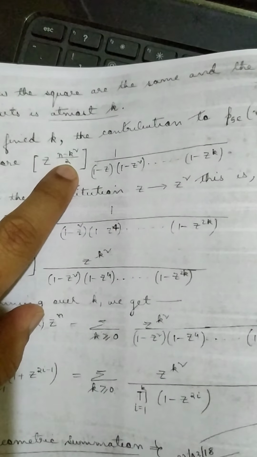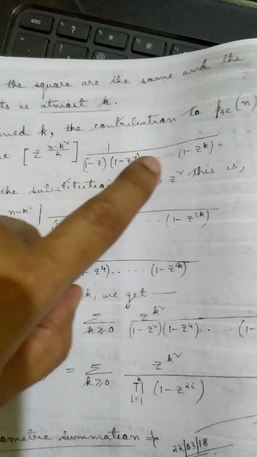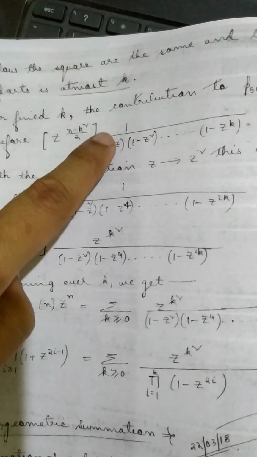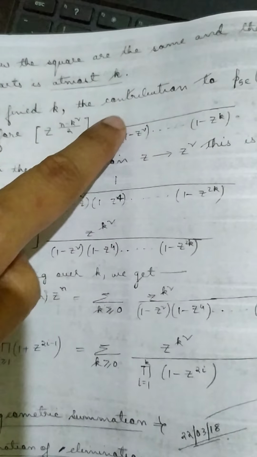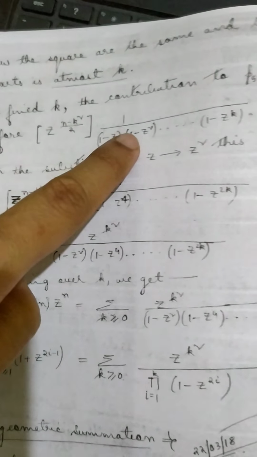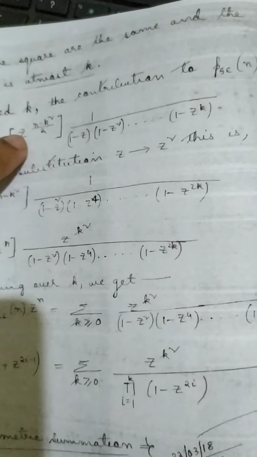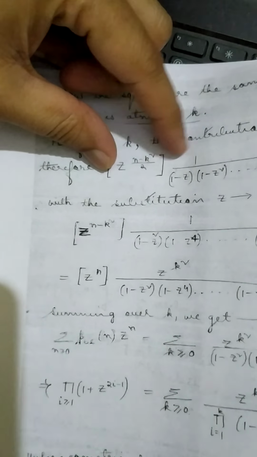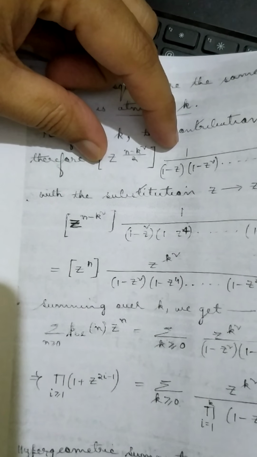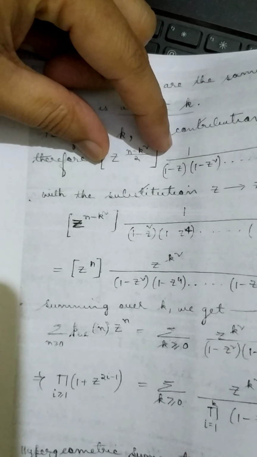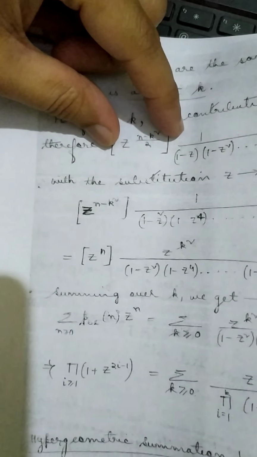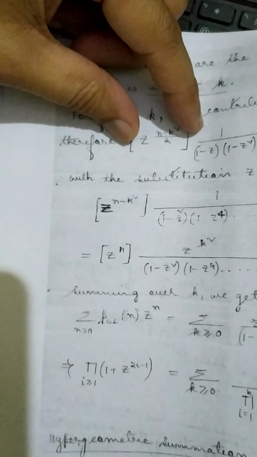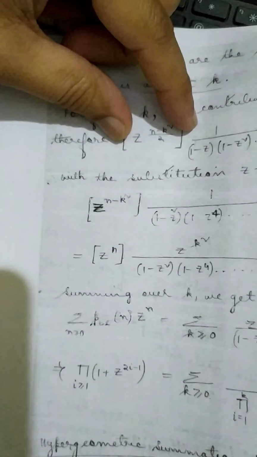Since there are at most k parts in each partition, you have to consider this expression from the last class, 1 over (1 minus z square)... (1 minus z to the power k). This is the coefficient of z to the power (n minus k square) divided by 2, because each partition contributes to the self conjugate partition.